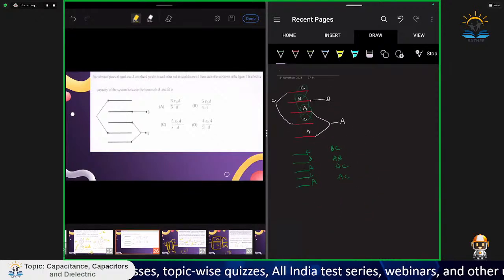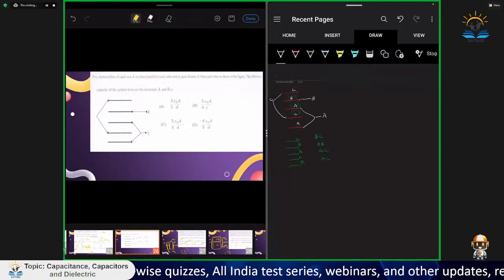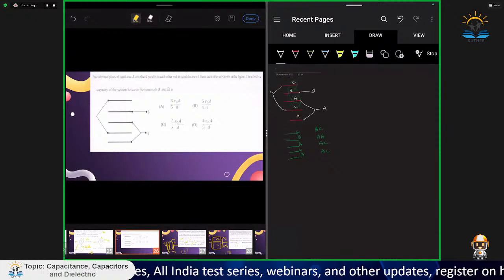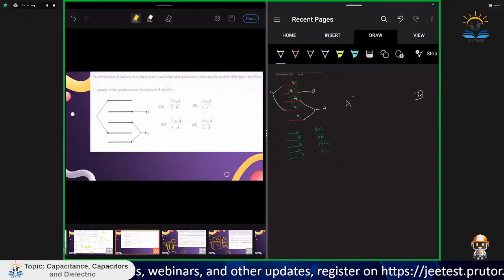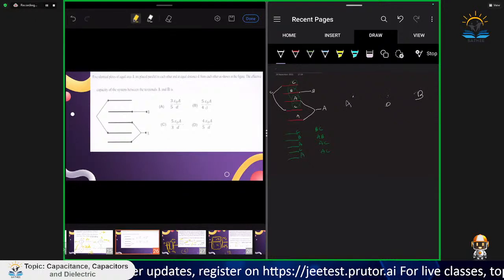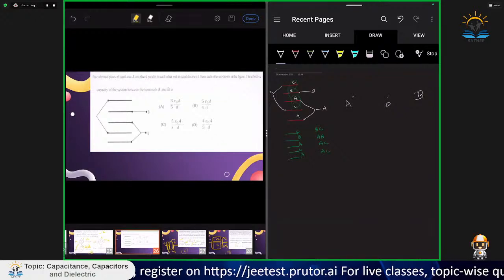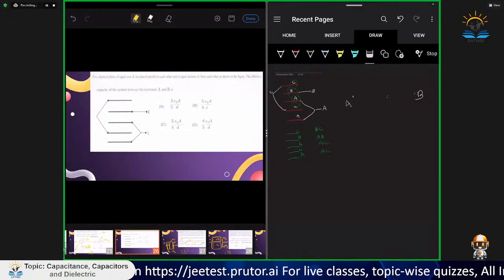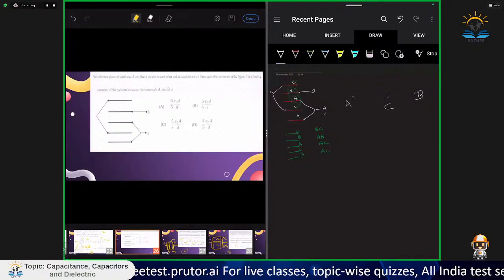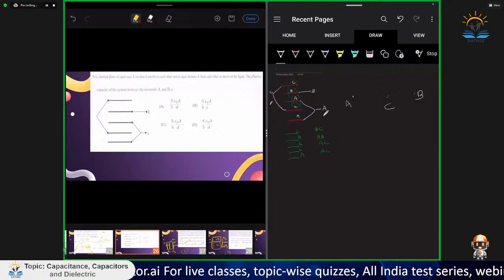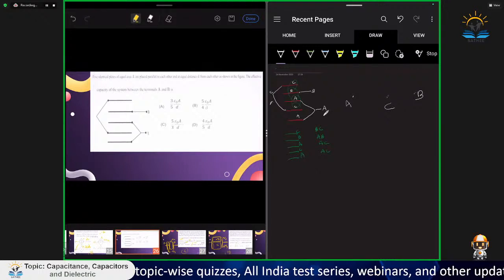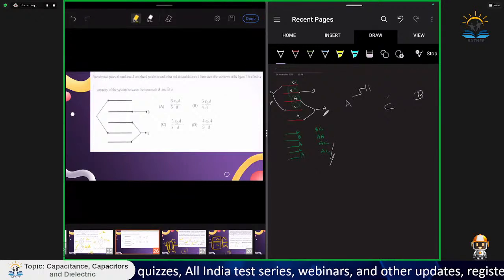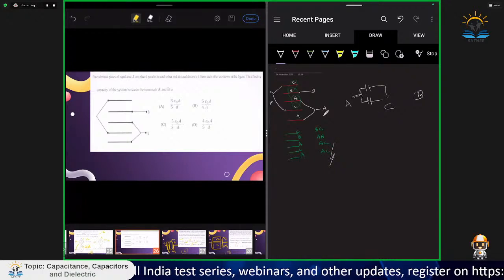Okay, so let's solve this. If this is A and this is B, and this is D, between A and C, AC, AC, they are in parallel, right?